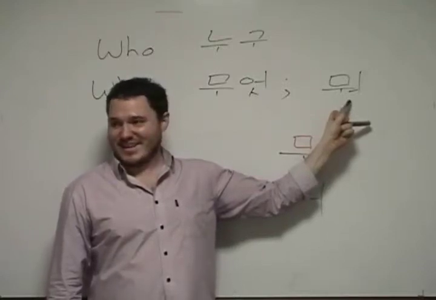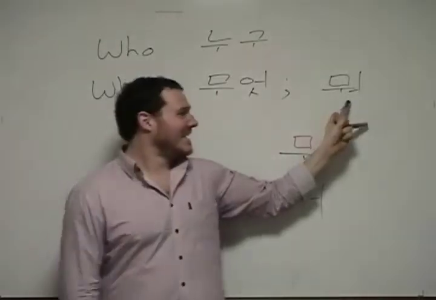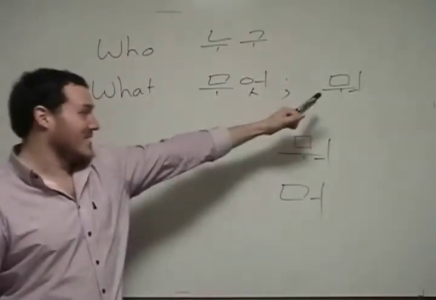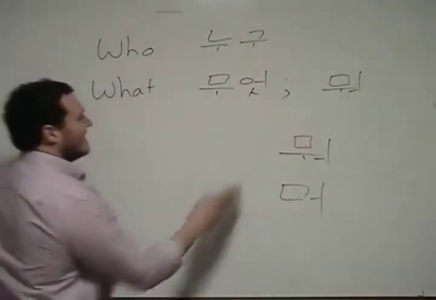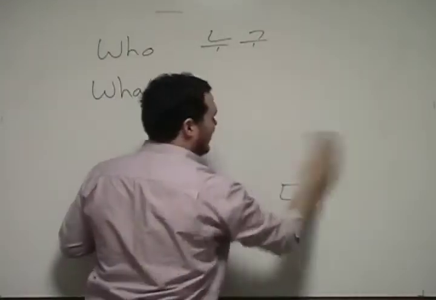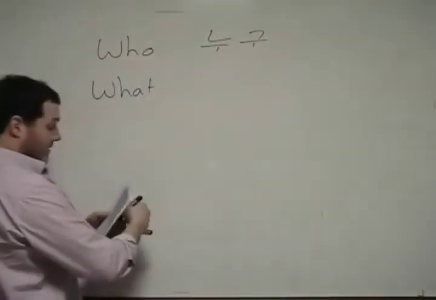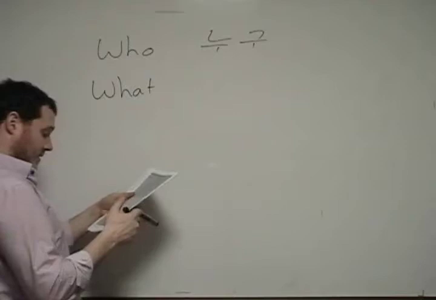Copy down, count line 2. If that's what you're saying to yourself at home, choose that one. Okay? Well, I erased that. Next one.